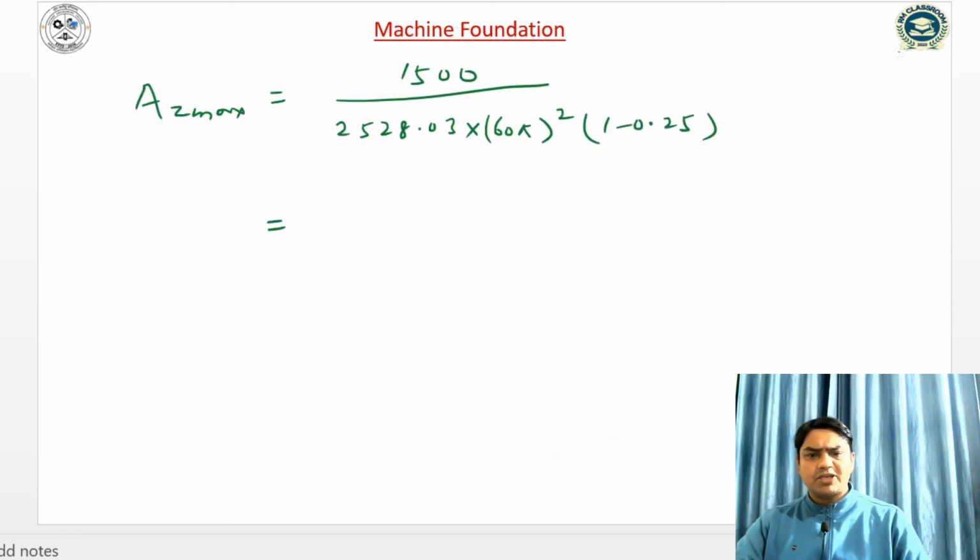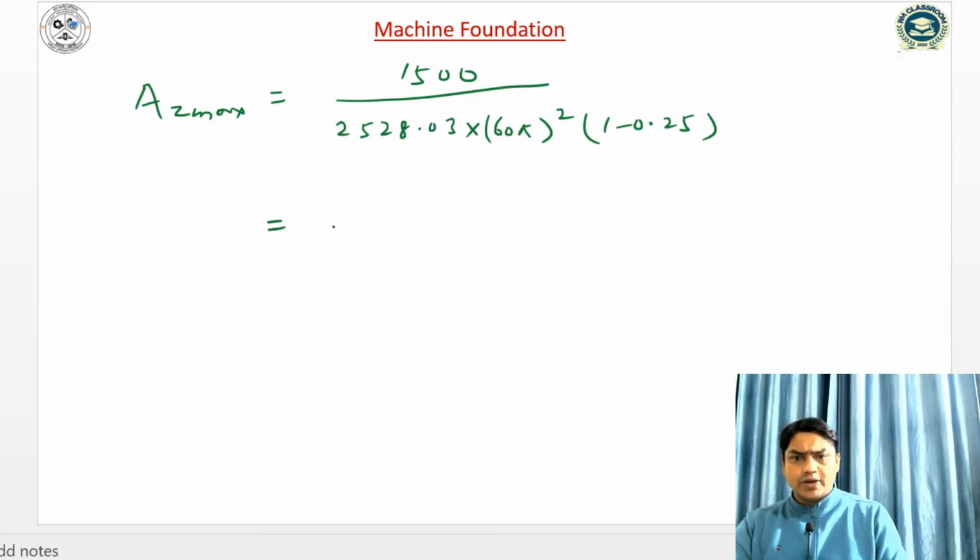So the maximum amplitude can be computed as 1500 divided by 2528.03 into 60 pi whole square into 1 minus 0.25. So it will be 2.23 into 10 to the power minus 5.